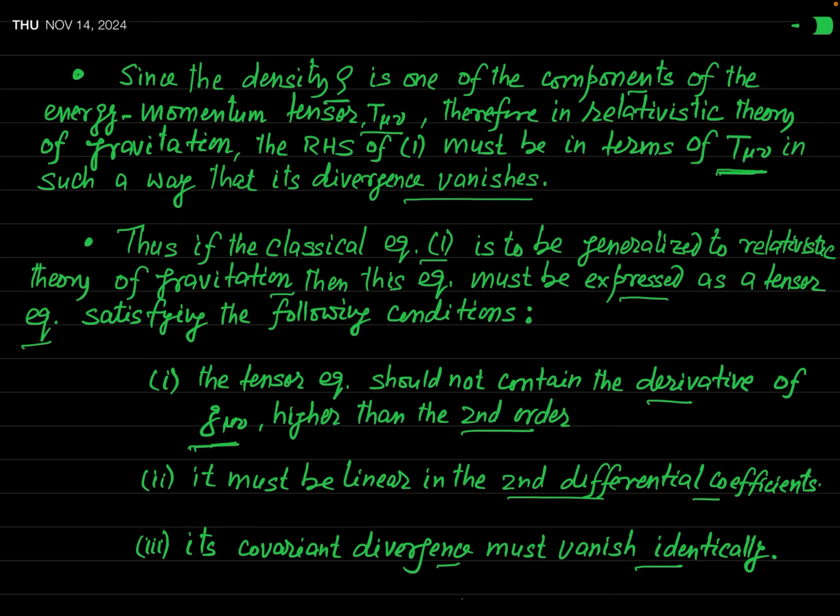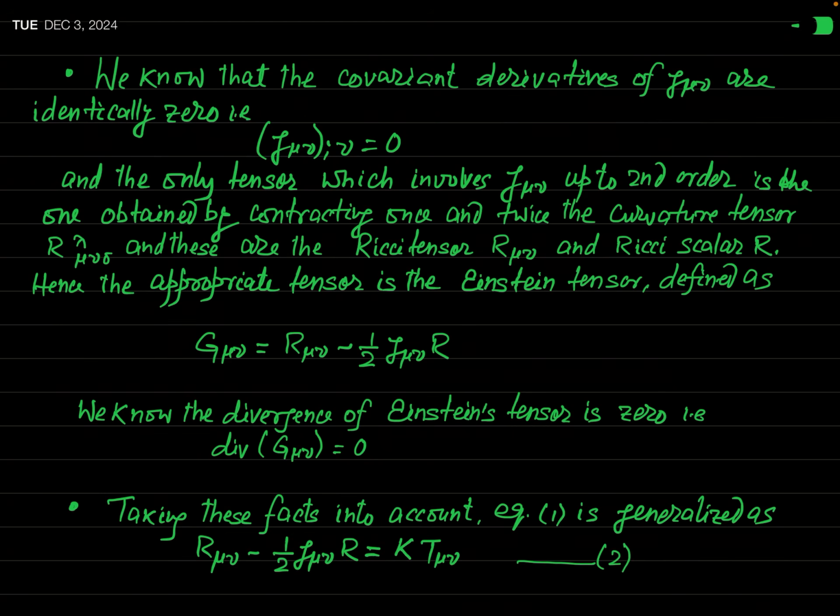Only that tensor. We know that the covariant derivative of g mu nu is identically 0, and the only tensor which involves g mu nu up to second order is one obtained by contracting once and twice the curvature tensor.